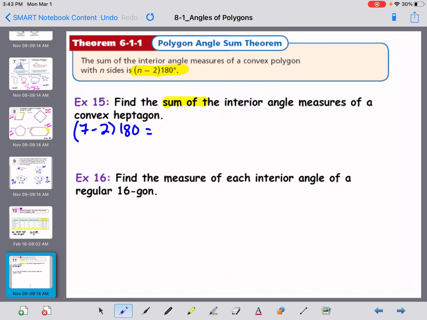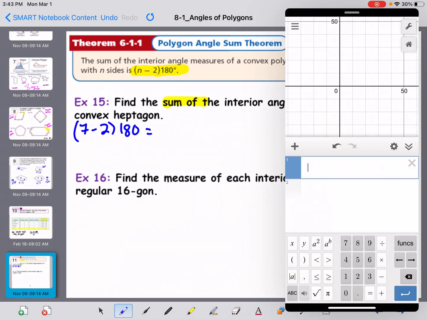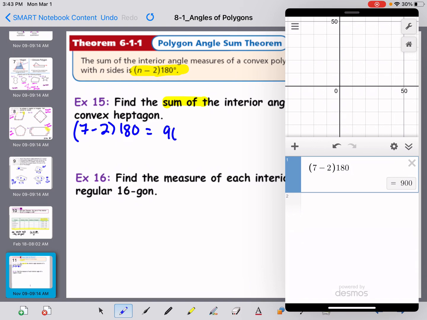What's that going to equal? It's a pretty big number. So 7 minus 2, times 180. 900 degrees. So a heptagon has the sum of interior angles equaling 900 degrees.